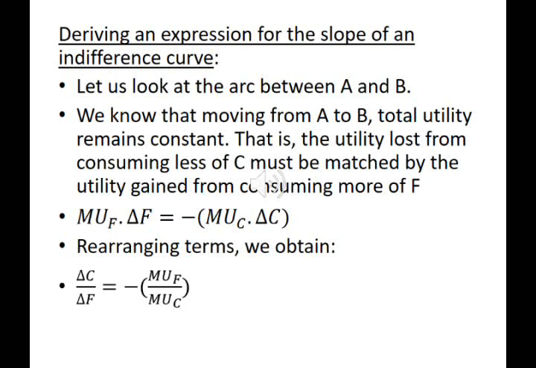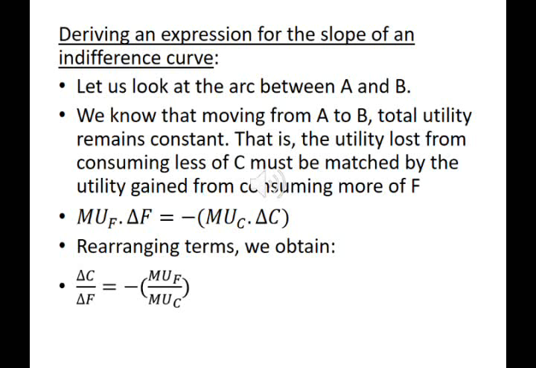So moving from A to B, total utility should remain constant. This means that the utility lost from consuming less of C, of clothes, by moving from A to B, must be matched by the utility gained from consuming more of F when the consumer moved to point B. So moving from A to B, the consumer is now consuming less of clothes and more of food.